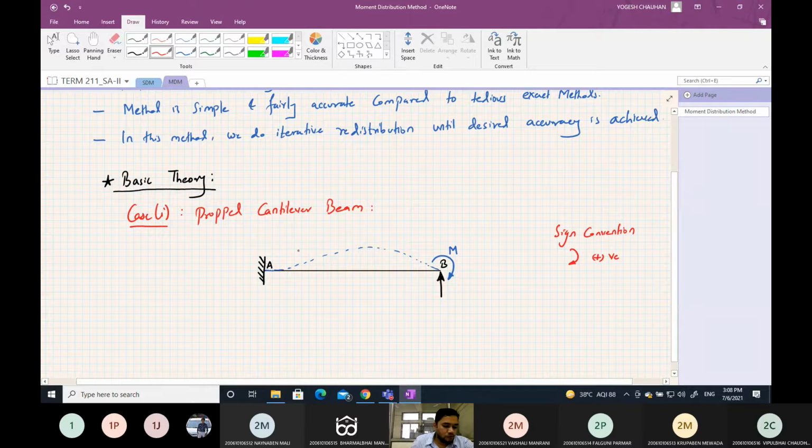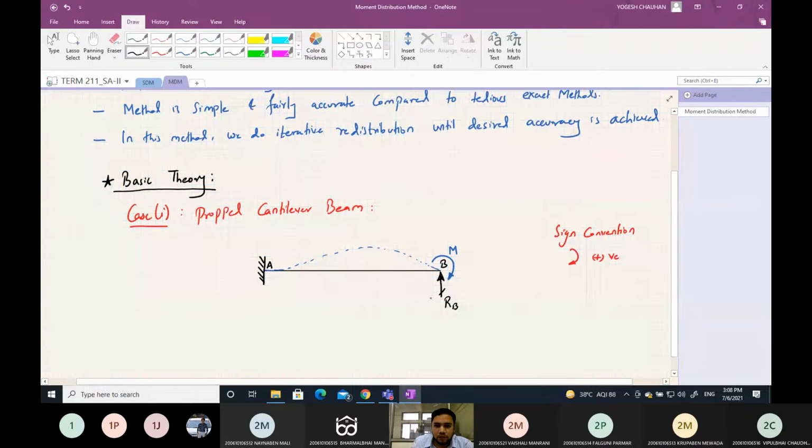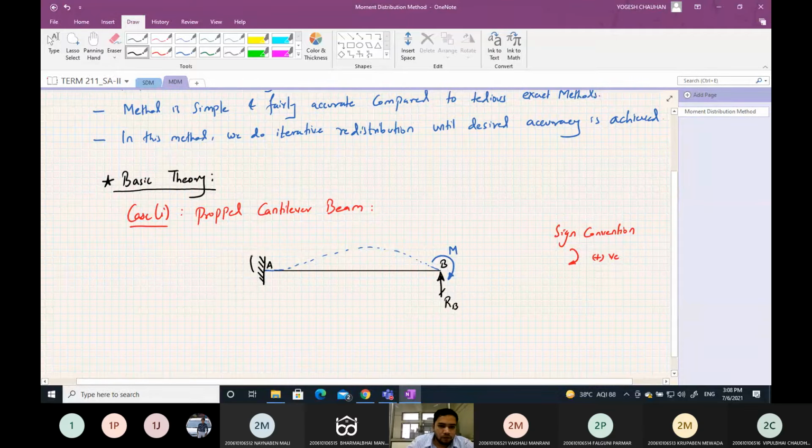So let the reaction at B be RB, and the moment reaction at A be MA.